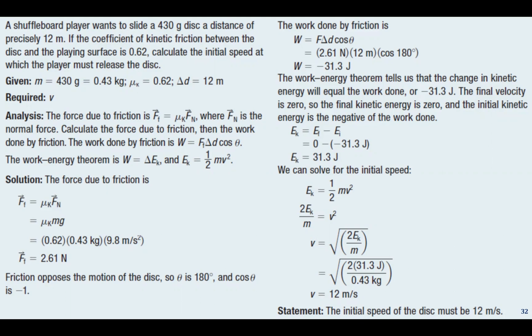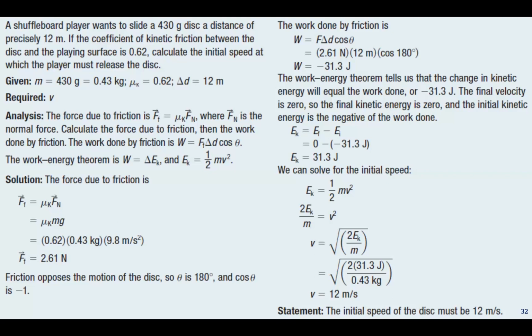So first, the force due to friction is Ff equals mu k Fn, which is 2.61 newtons. The friction opposes motion of the disk, so theta is 180 degrees and cosine theta is -1. Therefore, the work done by friction is given by W equals F delta D cosine theta, which is -31.3 joules.